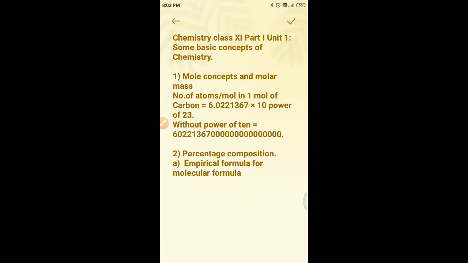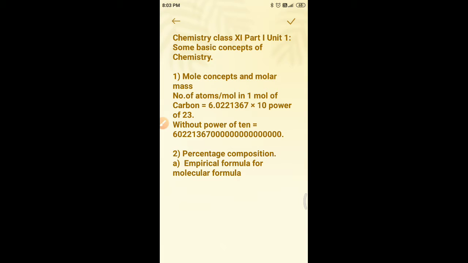So we'll get the answer: 6.0221367 × 10^23 atoms per mole of carbon-12 isotope. We get 6.0221367 × 10^23 atoms. This number of entities in 1 mole is very important, and it is given a separate name and symbol.